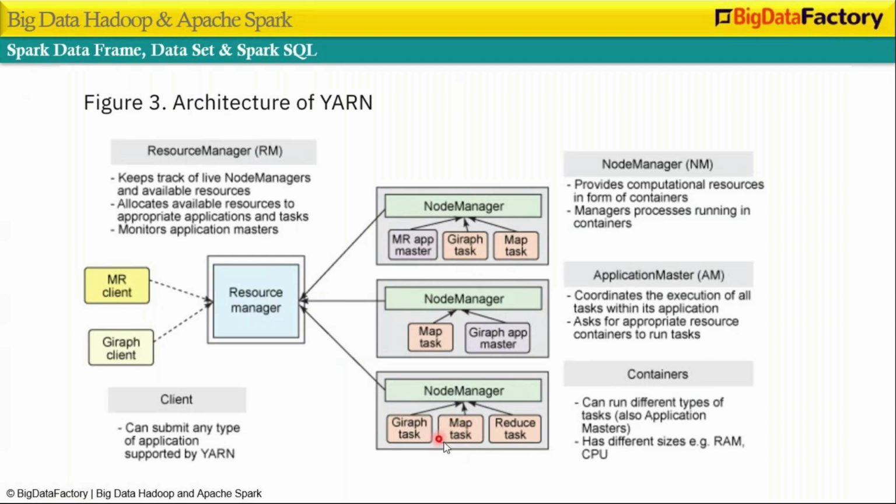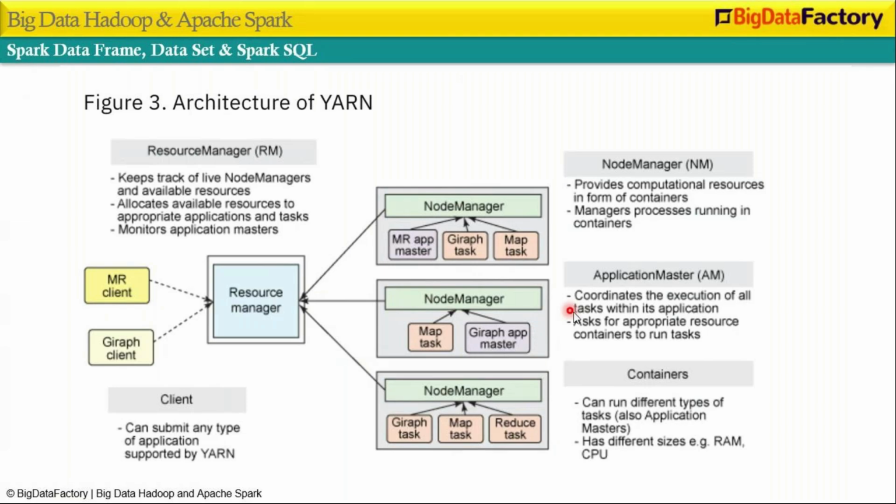We provide some configuration, or some containers, to this client. You can think of it this way: say we have 12 GB RAM over here. 4 GB RAM is given to this, 4 GB to this, and 4 GB to this.